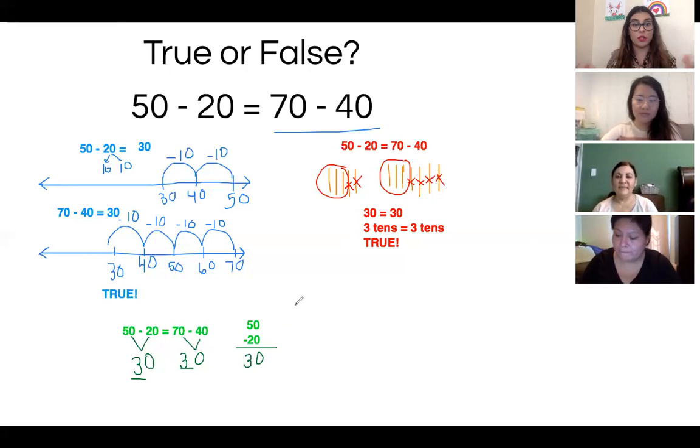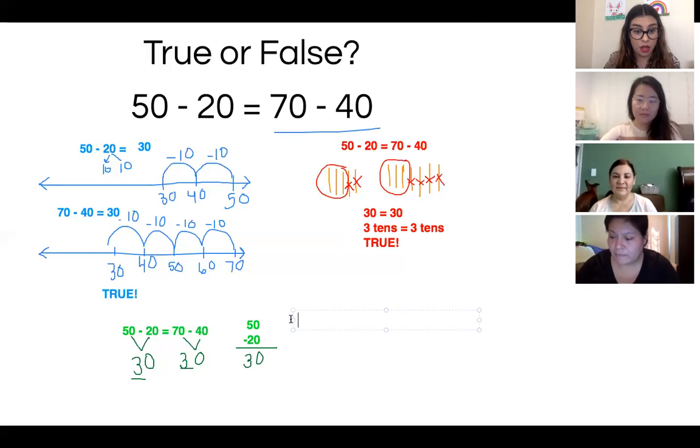Ms. Hernandez was able to understand that when it was horizontal, but if you need that extra support and you want to write it vertically, you can always manipulate the equation to either write it horizontally or vertically. Whatever you think might be helpful for you to see it. That's another tool to use.